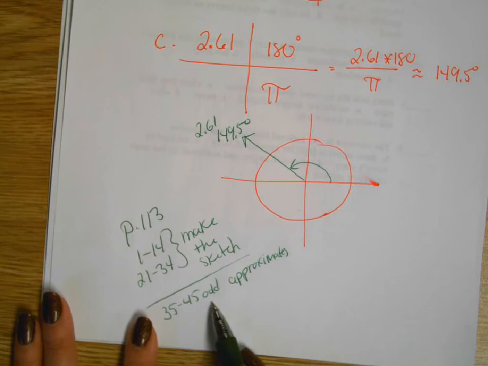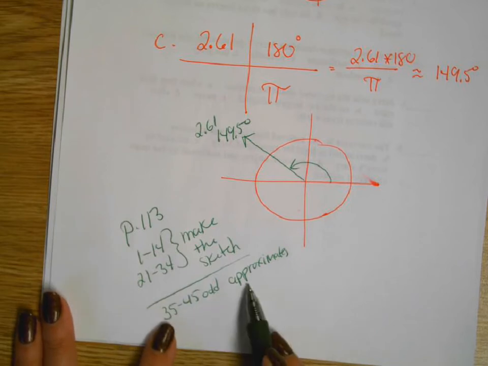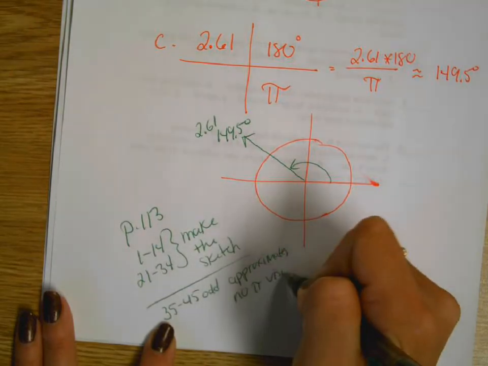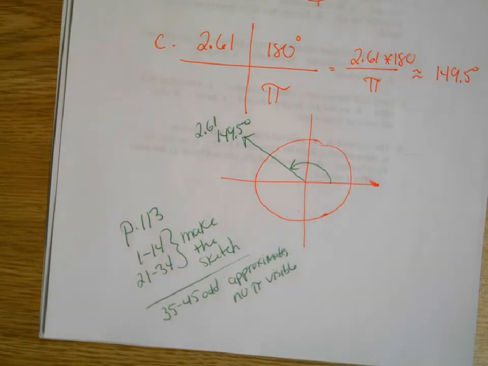So the 35 to 45 odd, you don't have to make the sketch anymore, and these are going to be the approximates, so no pi visible in the answer. No pi visible. Okay, your SAT book, pull that out.